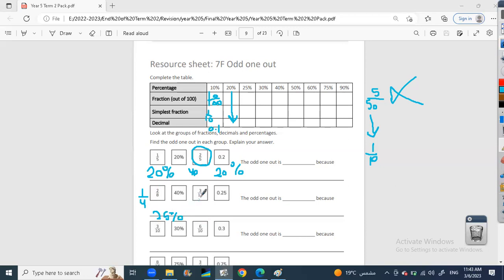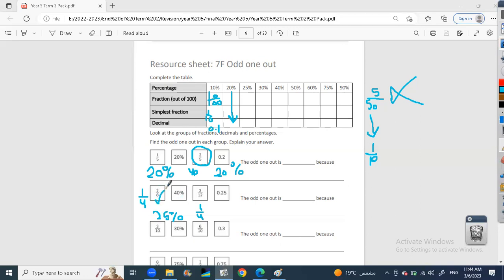Go to the next one over here, 3 over 12. Simplify it first, guys. If you cannot convert a fraction into a percentage, like 3 over 12 here, simplify it first. What is 3 over 12? It is going to become 1 over 4, dividing both of them by 3. 1 over 4 as a percentage is also 25%.